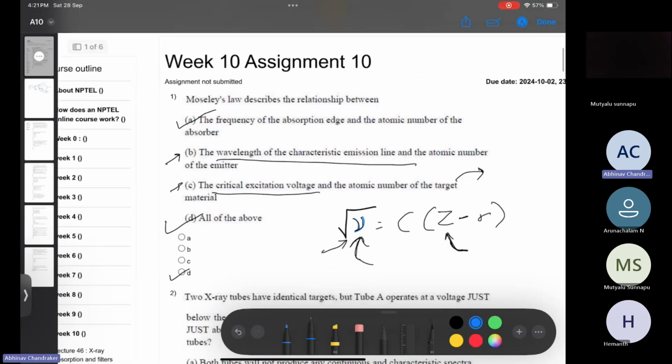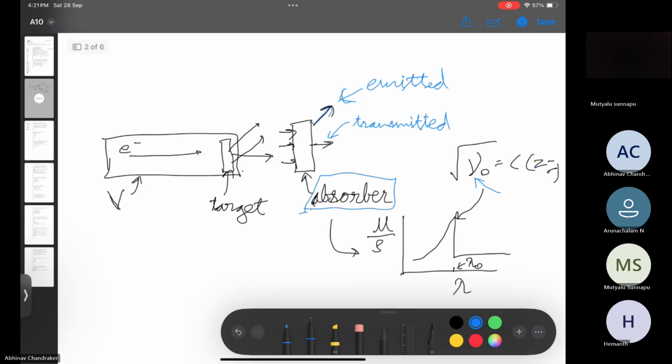Now the third option tells about the critical excitation voltage and the atomic number of the target material. So here also we know that the target material will only emit X-rays when the energy of the impinging electrons is above a certain value.